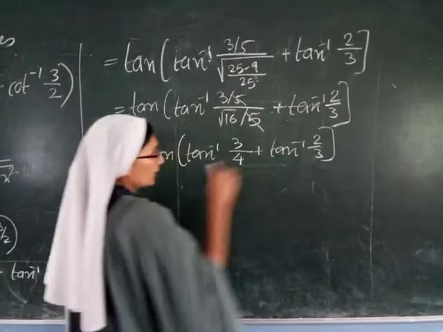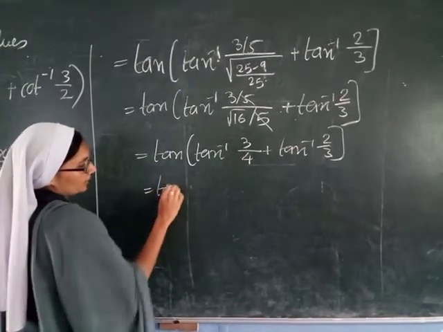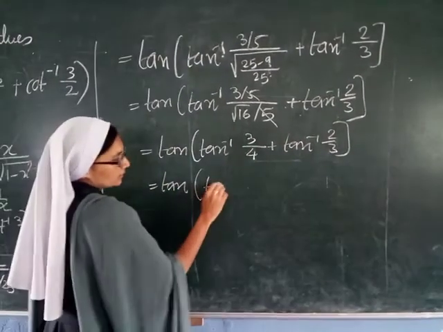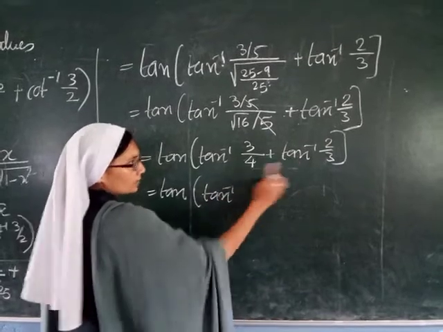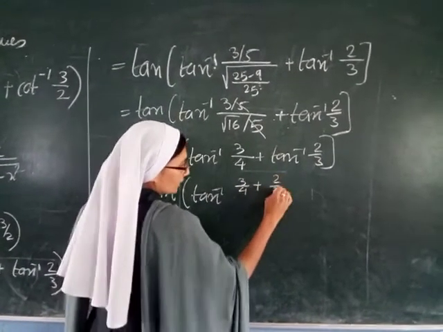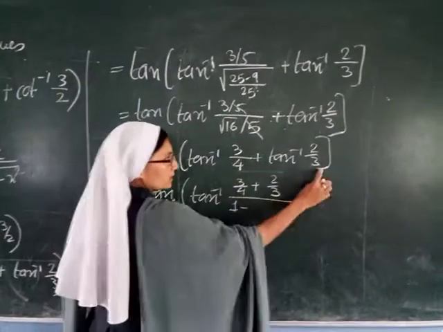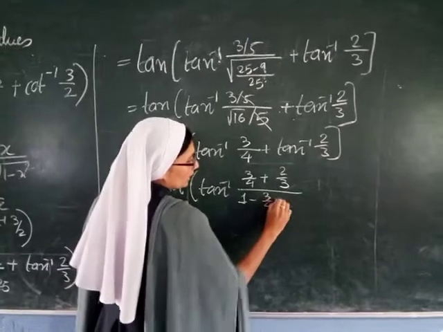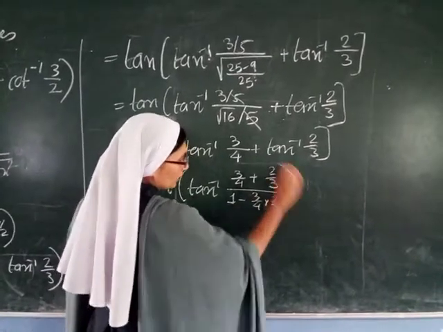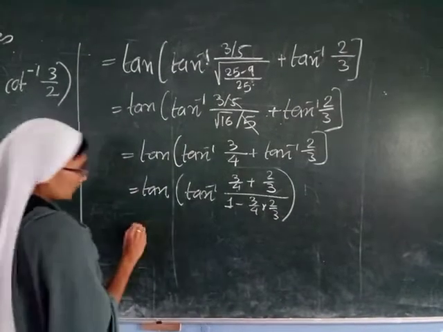Now you know the formula, tan inverse x plus tan inverse y. We have used it a number of times. So this tan is as it is, tan inverse x plus y divided by 1 minus x into y. So 3 by 4 plus 2 by 3 divided by 1 minus 3 by 4 into 2 by 3. This is x, this is y. Don't cut because LCM will get cancelled. So don't cut it, just continue with that.